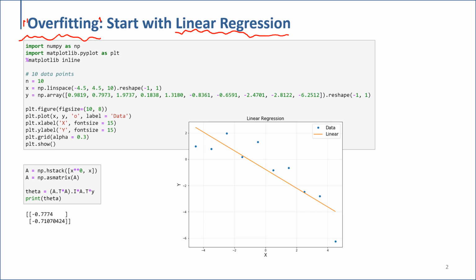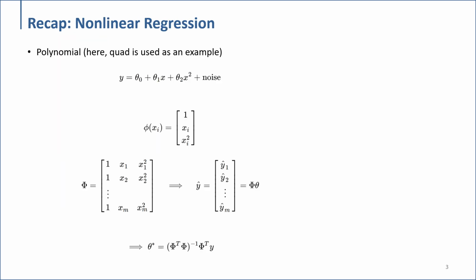In the last lecture, we learned how to model a regression model, especially a linear model, for the given data. And as an extension of linear regression, let's recall nonlinear regression. We learned that nonlinear regression is basically exactly the same as linear regression.